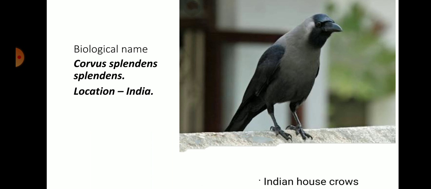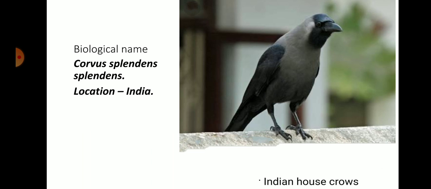Let's see some examples. The specific name of the house crow, which occurs throughout India, Pakistan, Myanmar, and Sri Lanka, is Corvus splendens. The house crows of these regions differ from each other in minute morphological features and are thus separated as distinct subspecies.